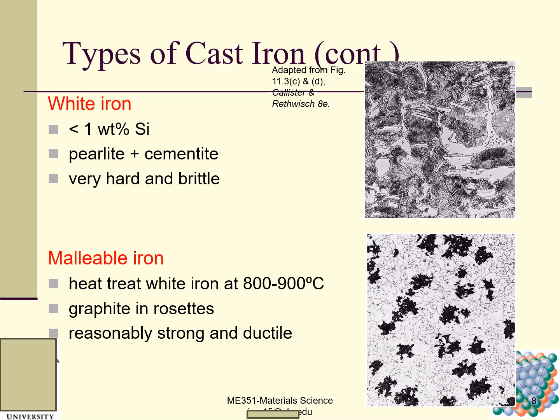We heat treat white iron at 800 to 900 degrees C, and the graphite forms in rosettes, reasonably strong and ductile. As the name suggests, malleable iron can have its shape changed, and that means it is ductile.